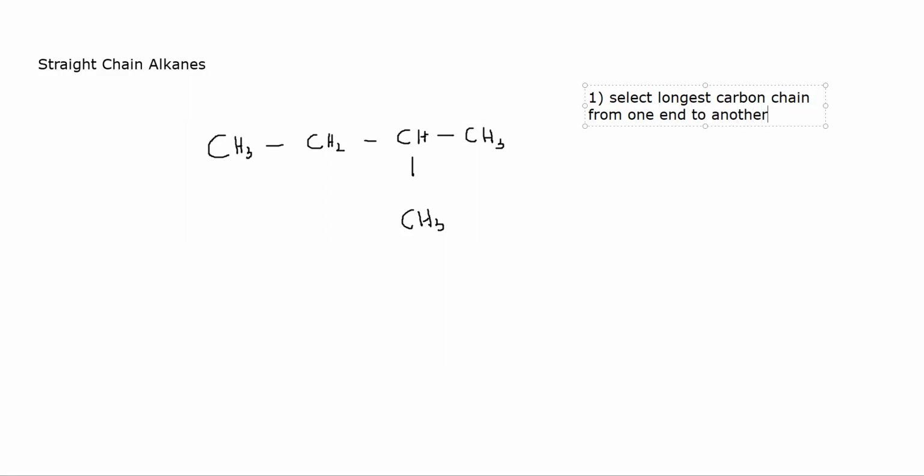Sir, this is branched chain. Yeah, this one is branched, sorry. Branched alkane, not straight chain. So what we will do, we will select the longest carbon chain from one end to another.